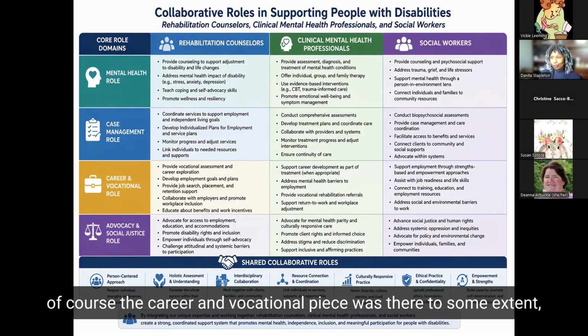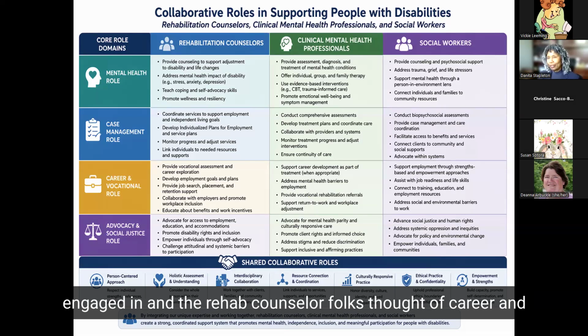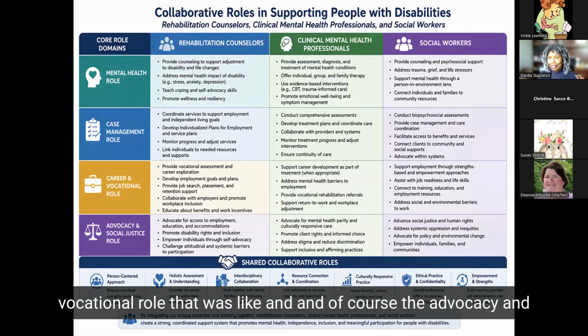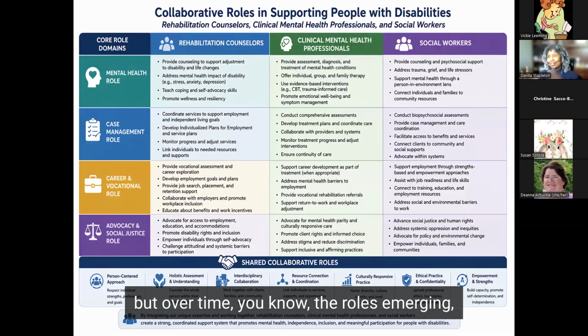Of course, the career and vocational piece was there to some extent, but we see a lot of advocacy and social justice initiatives being engaged in. And the rehab counselor, folks thought of career and vocational role, and of course the advocacy and social justice roles. But over time, the roles are merging.